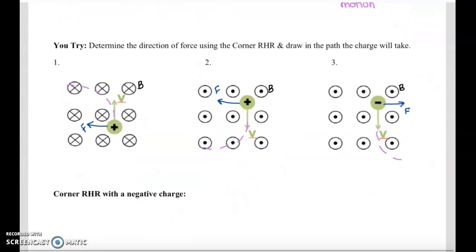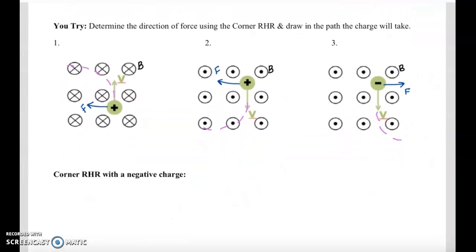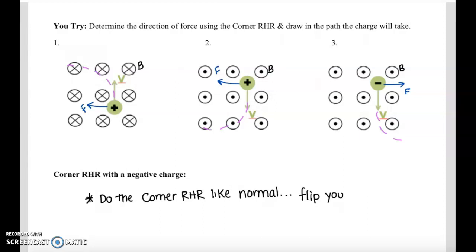So let's take a look at the corner right-hand rule with negative charges. You kind of have an option here. The option that I most recommend is to do the corner right-hand rule just like normal. And then right before you record your answer, you flip your answer.